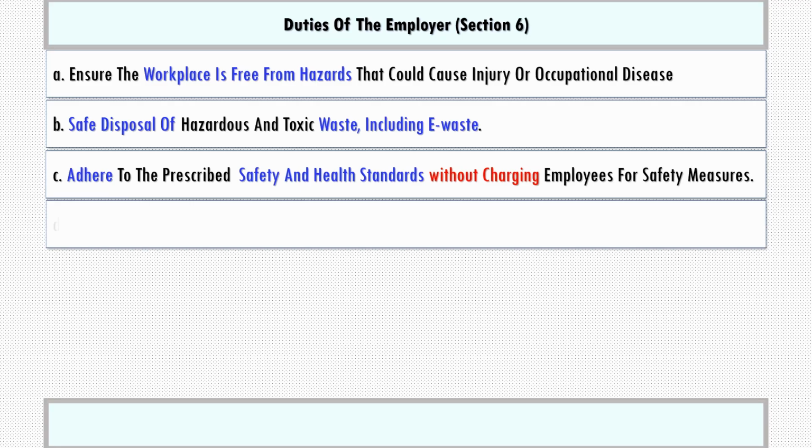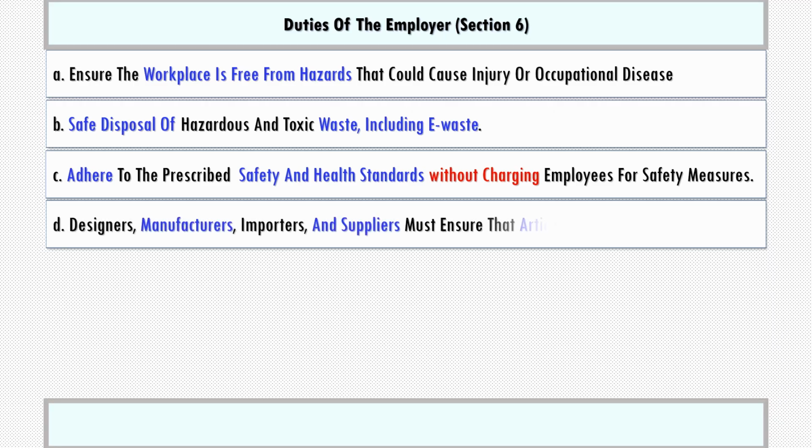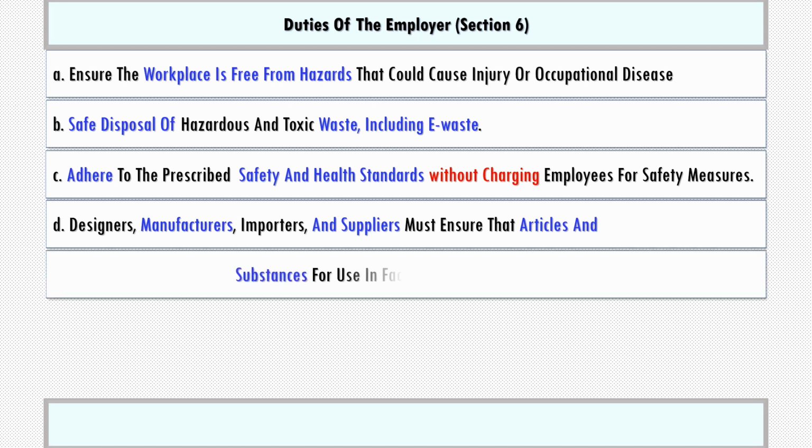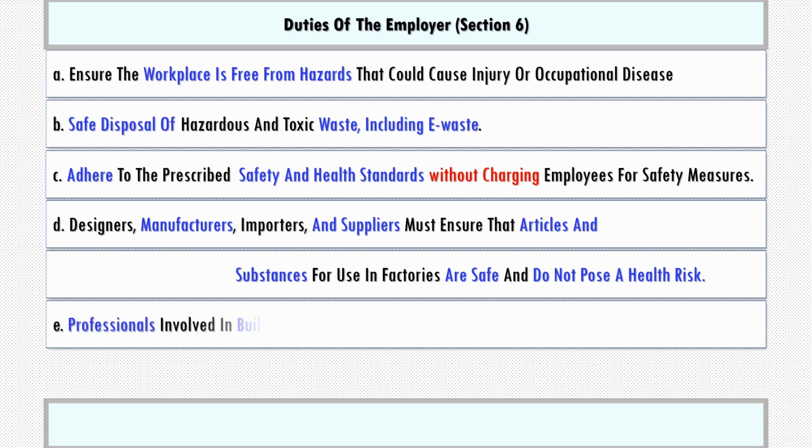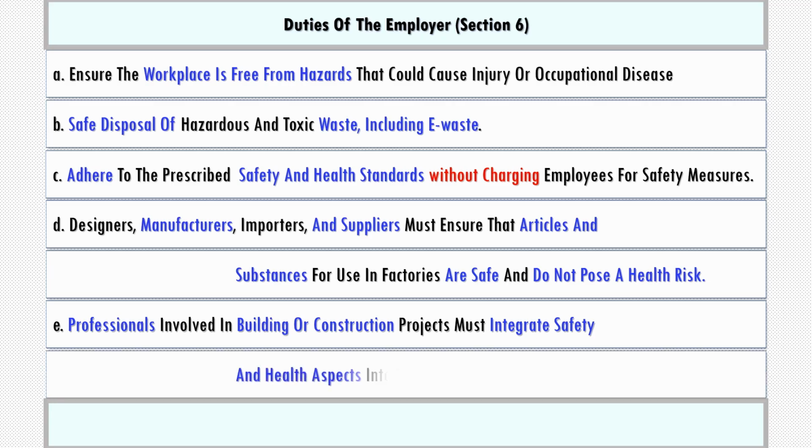Designers, manufacturers, importers, and suppliers of a factory must ensure that articles and substances for use therein are safe and do not pose a health risk. Similarly, professionals involved in building or construction projects must integrate safety and health aspects into the planning and design stages of a factory.